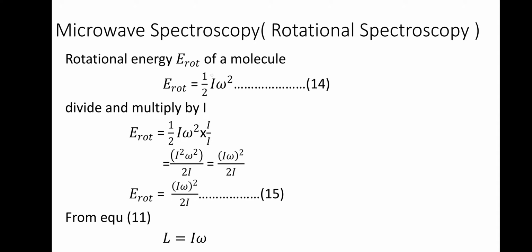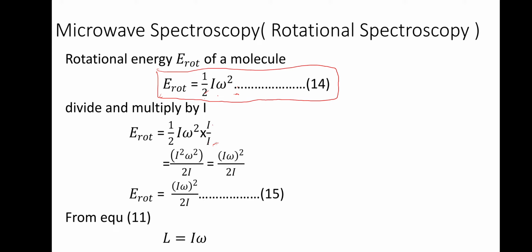In the rotational energy of a molecule, when we talk about the energy level, I told you that according to quantum mechanics it is quantized. E rotation is equal to half I omega squared. Okay, so I is moment of inertia, omega is angular velocity. In the equation we are going to multiply and divide by moment of inertia.